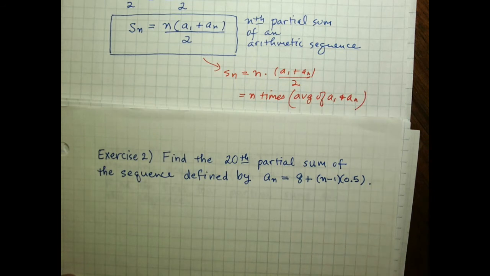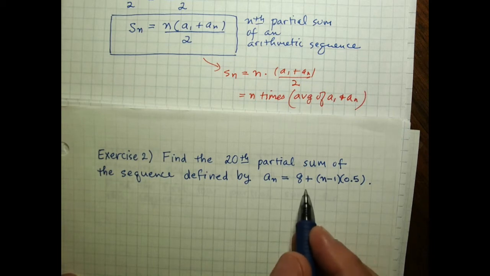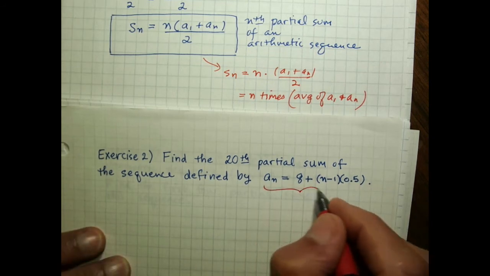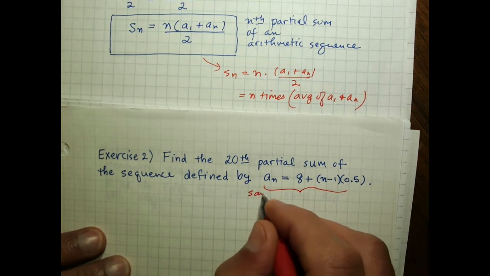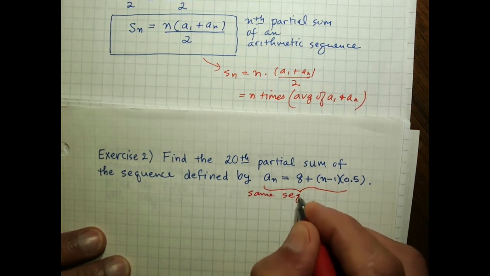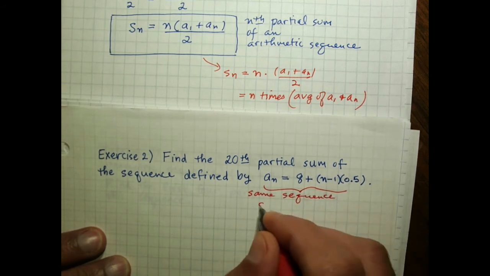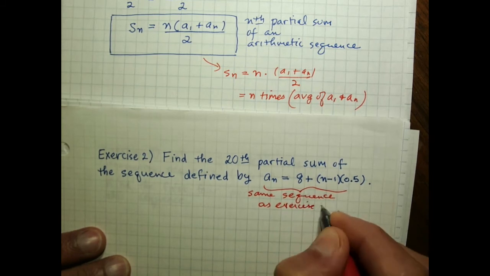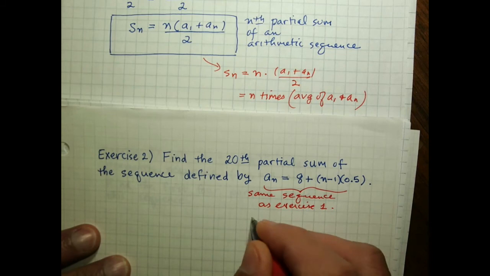That's the exact same sequence that we were looking at in exercise 1. So maybe that's worth just writing down here, same sequence as exercise 1, and it is arithmetic.